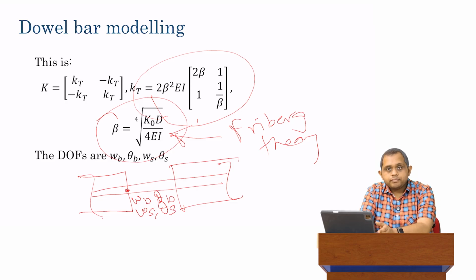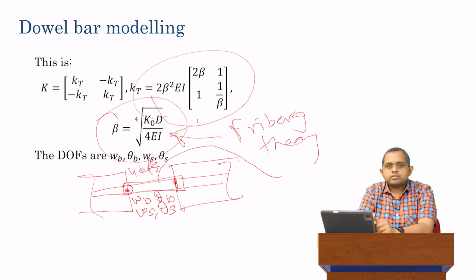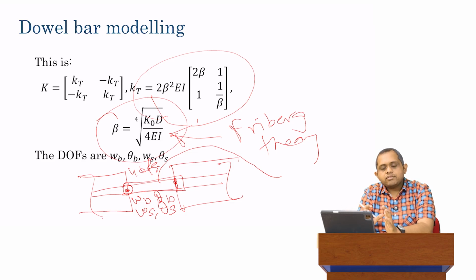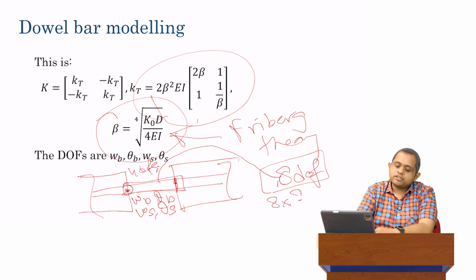So at each node we basically have 4 degrees of freedom, and therefore our dowel bar over here on the other side also has 4 degrees of freedom. Therefore, if we use Friberg theory with a Timoshenko beam and analyze it as though it's embedded inside the concrete to an infinite length, then we get an 8 degree of freedom system. That is, our local stiffness matrix for just this piece of it is going to be of size 8 by 8.